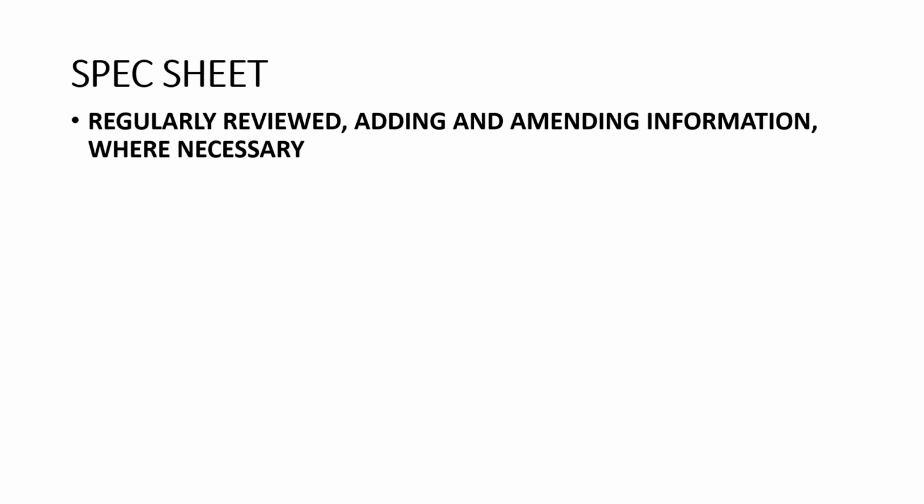And if we find that yes, still some improvement is possible, fit properties are really affecting certain styles, some change of the styles a little bit, then adding, amending the information wherever necessary is done in the specification sheet.